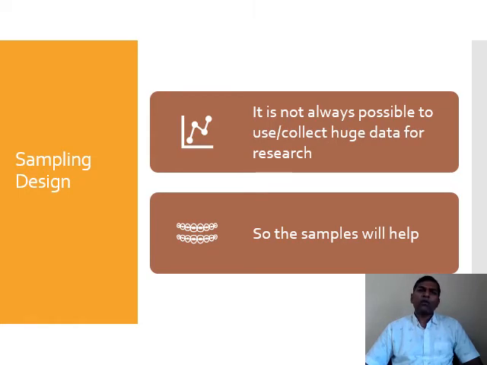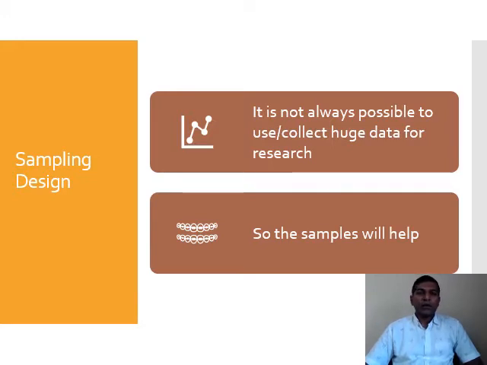Even if we try to use it, it will take lots of time, and the results of that research will get delayed. So to avoid the time, cost, and effort, we try to make the data as simple as possible. Simple in the sense that we choose a similar kind of data as the actual data.